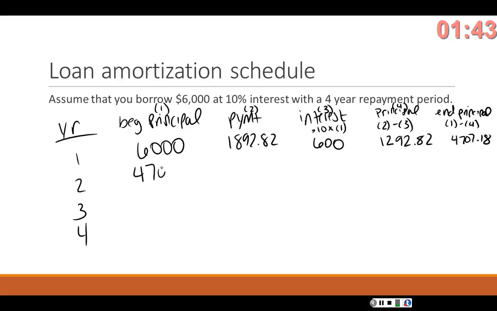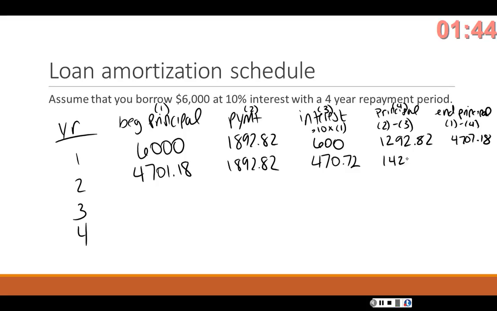So $4,707.18. Our payment stays the same. Our interest now is 10% times $4,707.18. So our interest is $470.72. The principal is the payment minus the amount going towards interest, so $1,892.82 minus $470.72.